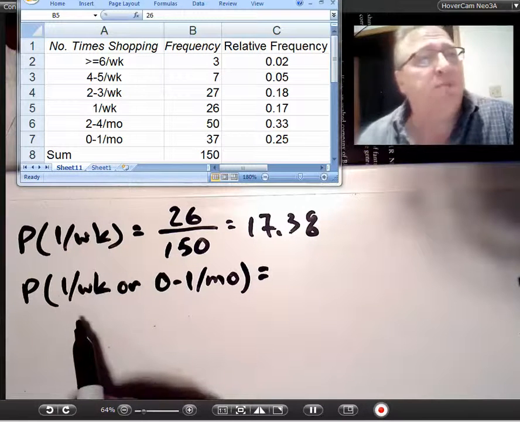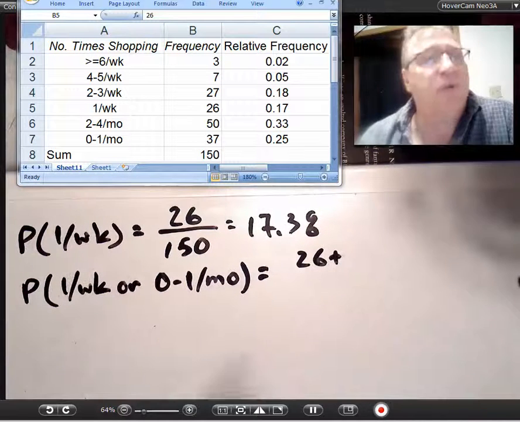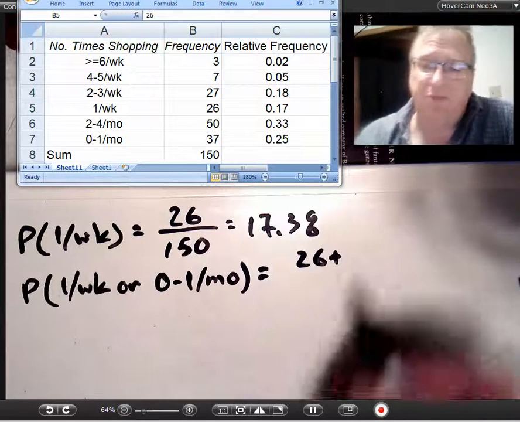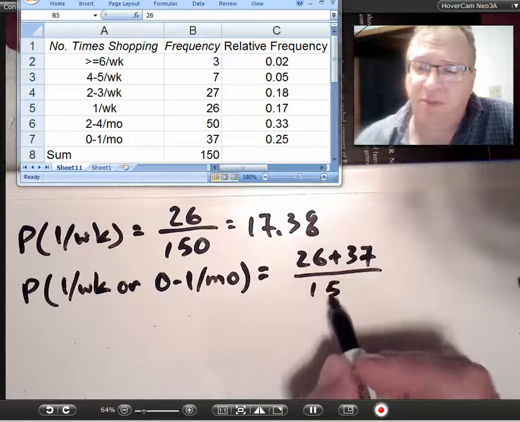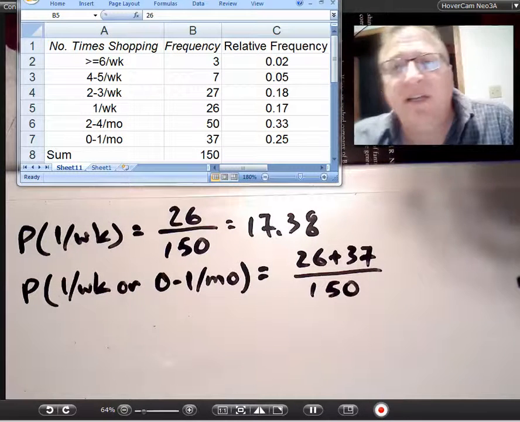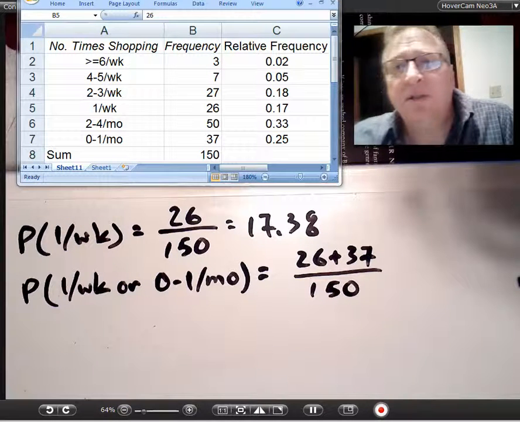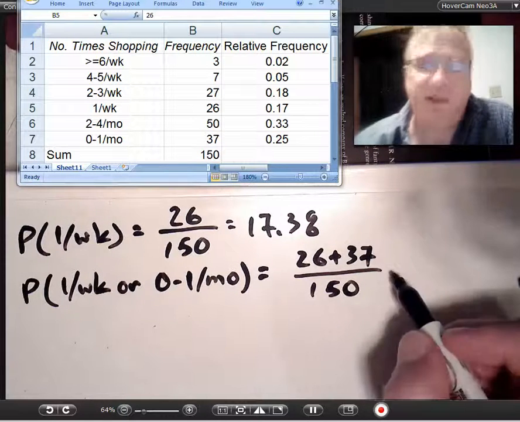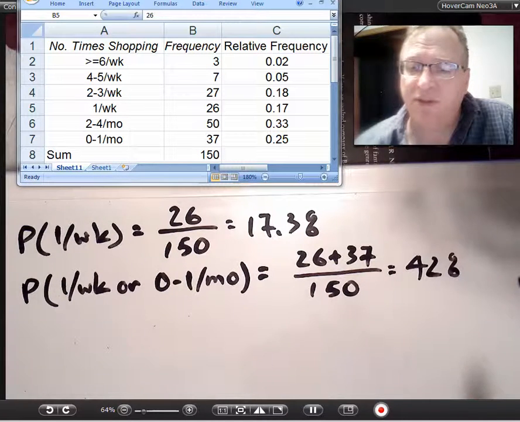So once per week, that would be our friend 26. And we're going to add to that 0 to 1 times per month. That's 37. We still have a total possible outcomes of 150. So 26 plus 37 divided by 150, and we find the probability of that is 42%.